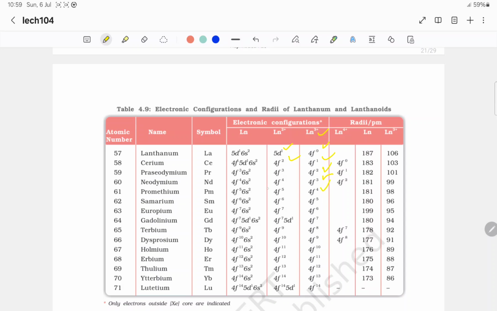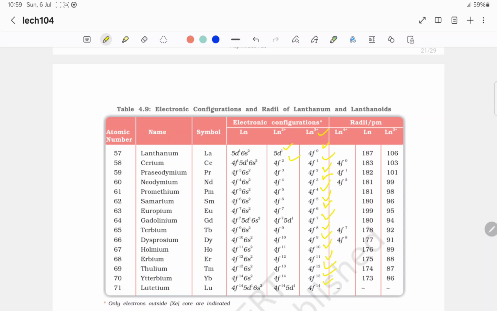Promethium 4f4, samarium 4f5, europium 4f6, gadolinium 4f7, terbium 4f8, dysprosium 4f9, holmium 4f10, erbium 4f11, thulium 4f12, ytterbium 4f13, lutetium 4f14.